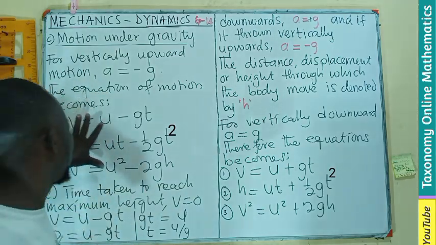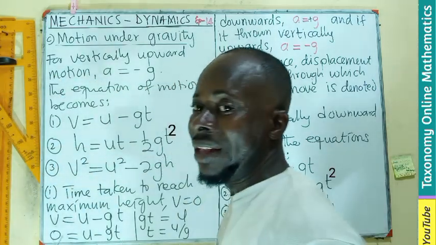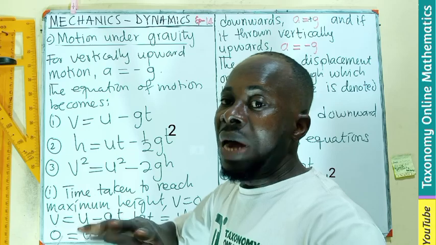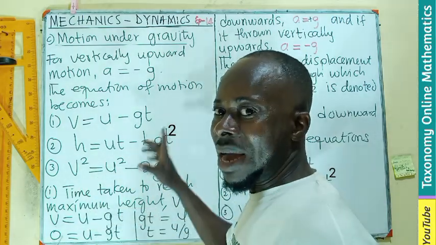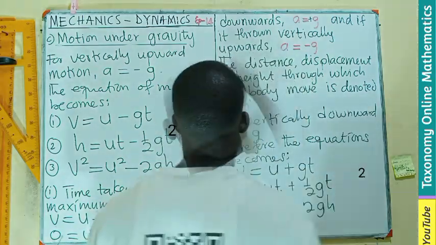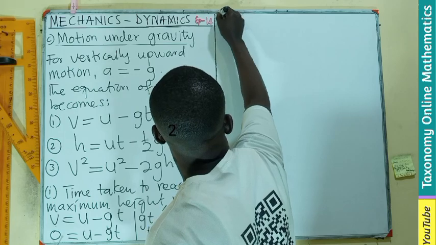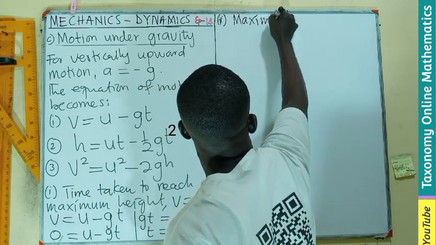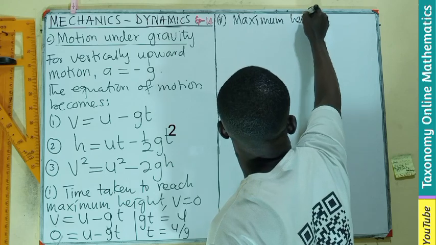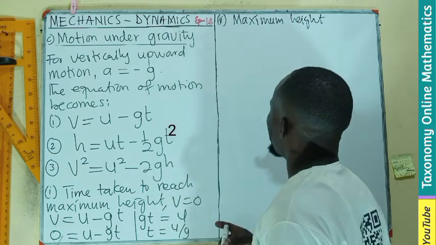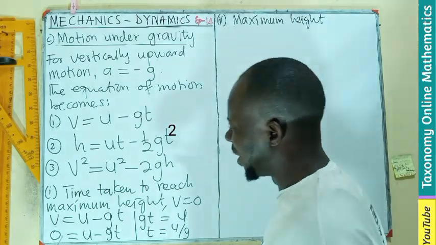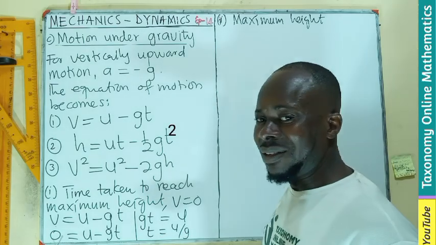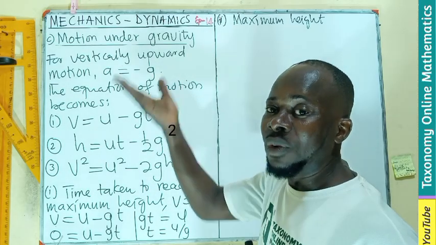Now, in here also, we can be asked to find the maximum height, not time, maximum height. So let's see. This is the second one. So we are looking for maximum height. If I'm looking for maximum height, what is it going to be? The maximum height is just the height it has reached.